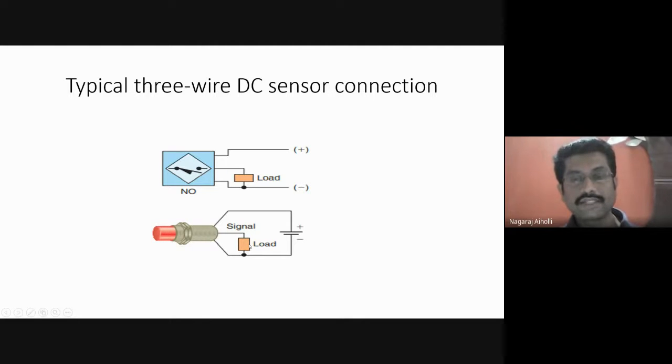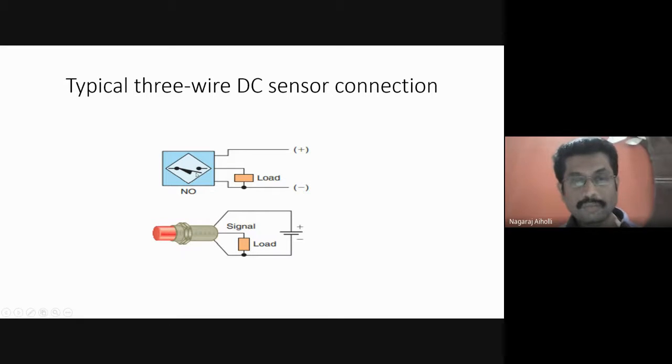Load is any device which we want to supply with certain output signal from the sensor. Once it senses the object, we want to send certain signal output to the load. That is our load device here.